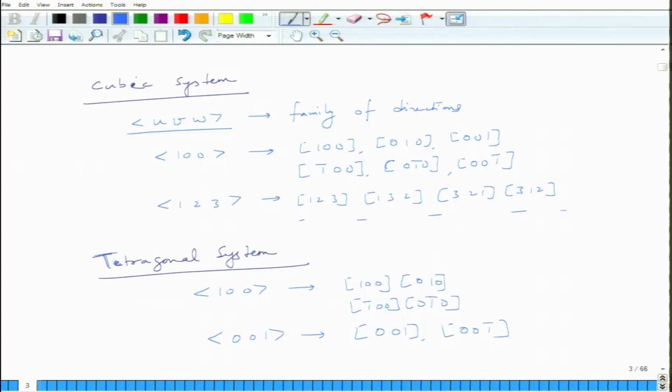So they are two different vectors. This is the difference between tetragonal and orthorhombic. You can work out the multiplicities by yourself. For example, for cubic system your 1 0 0 will have a multiplicity of 6, your 1 1 0 will have a multiplicity of 12, your 1 1 1 will have a multiplicity of 8. So that is how you draw various directions.